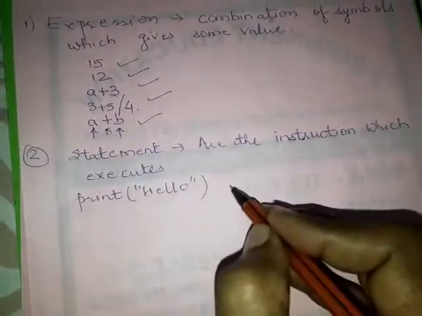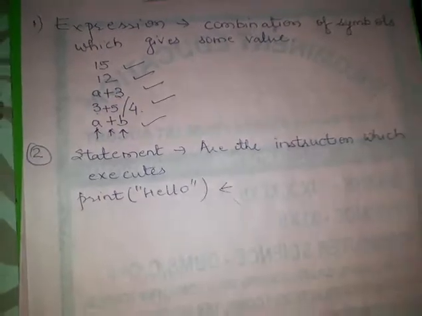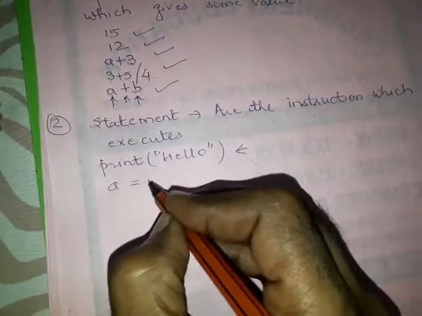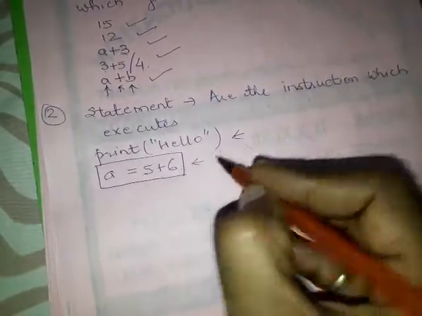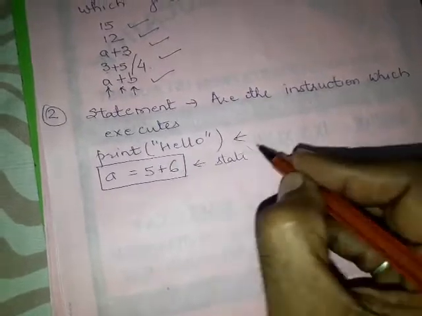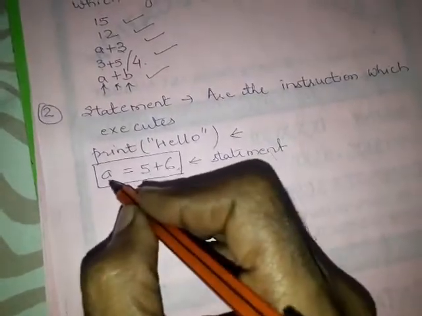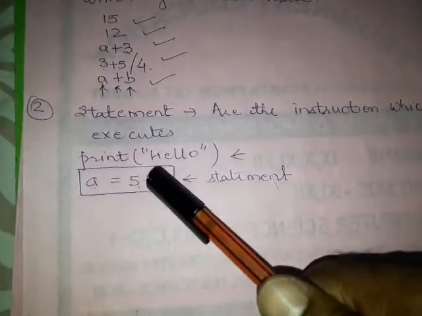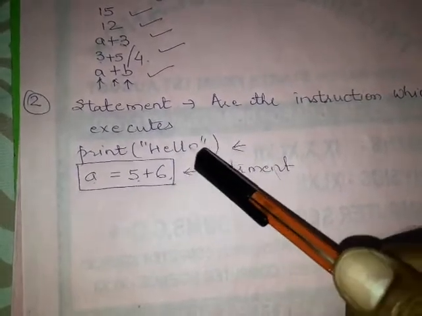This is a type of instruction which will execute. It will print hello on the screen. Okay, I write a equals to 5 plus 6. So here this is the combination. This complete line is called a statement, which will calculate 5 plus 6, and this value is assigned to variable a. So these are the examples of statements. Okay, these are all instructions which are executed and give some results. These are single line, single statements.